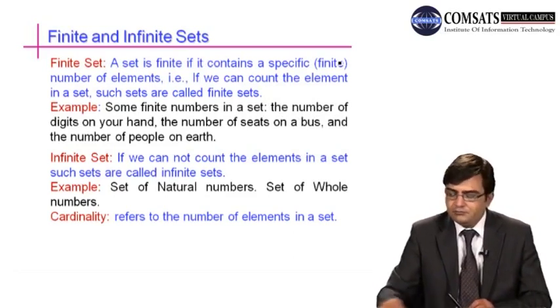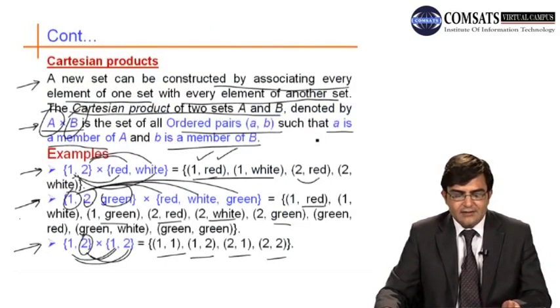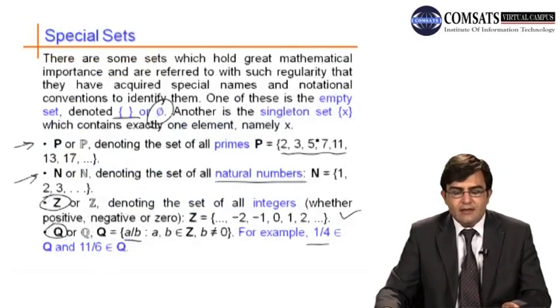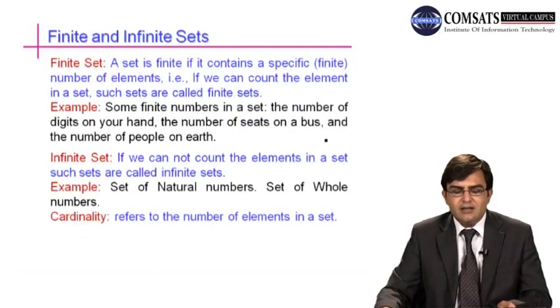For example, we have studied the sets in this slide. The set {1, 2} is a finite set, whereas the set of prime numbers is an infinite set, the set of natural numbers is an infinite set, and the set of integers is also an infinite set. So these are all infinite sets.